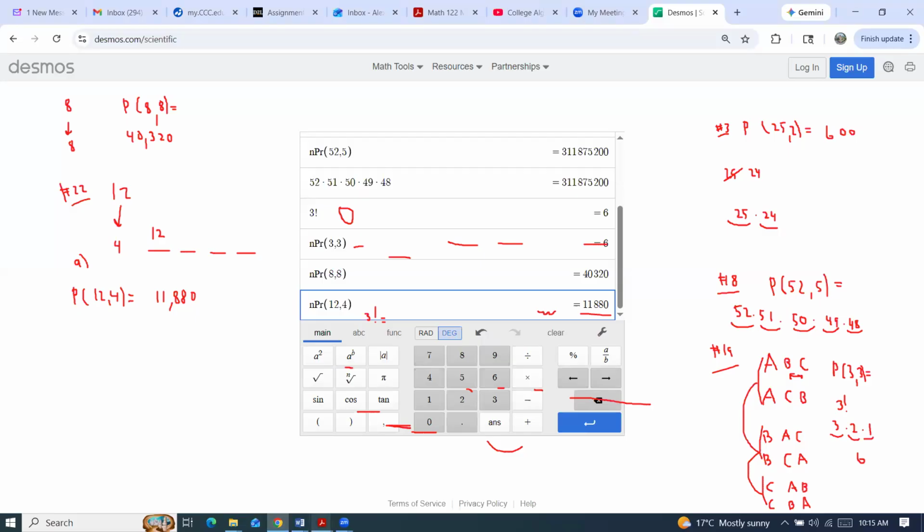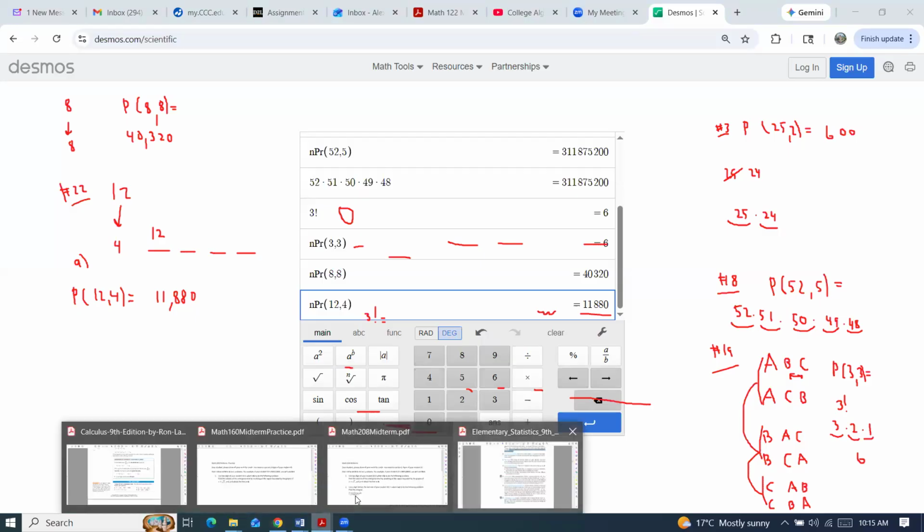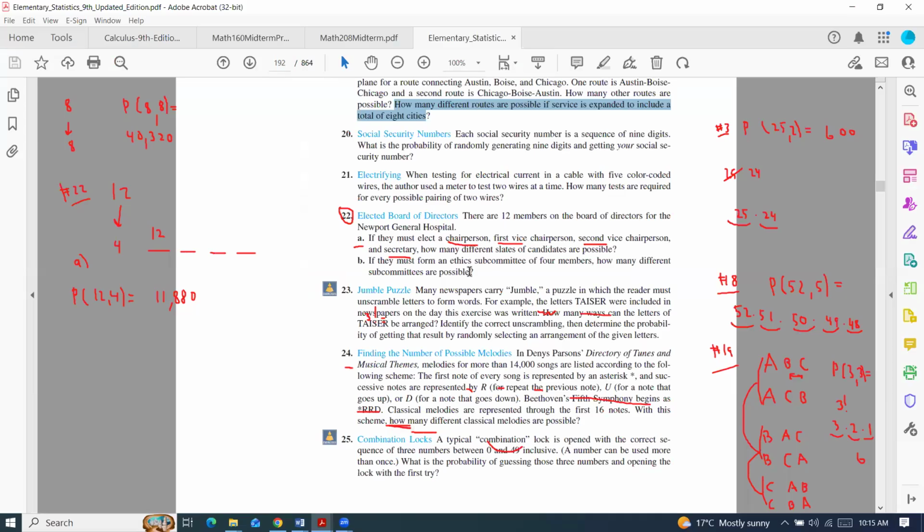Let me go back to this textbook. So they want to have a chairperson. Okay, so they elect a chairperson. 12 people could be chair, any of them. Then the vice chair cannot be the same. So now I have 11 selections for the second person, because once I already selected the chair, then it cannot be the same as the vice chair. So I have only 11 people.